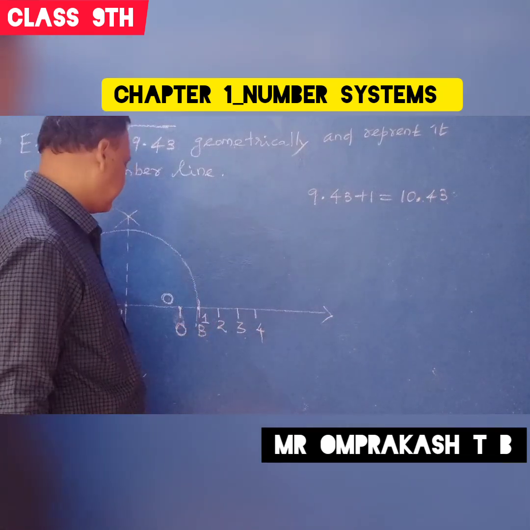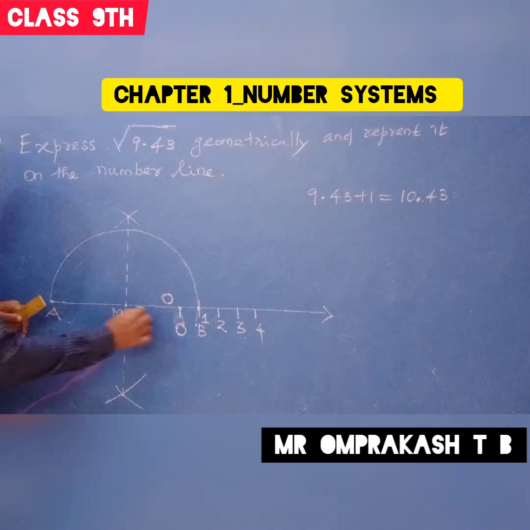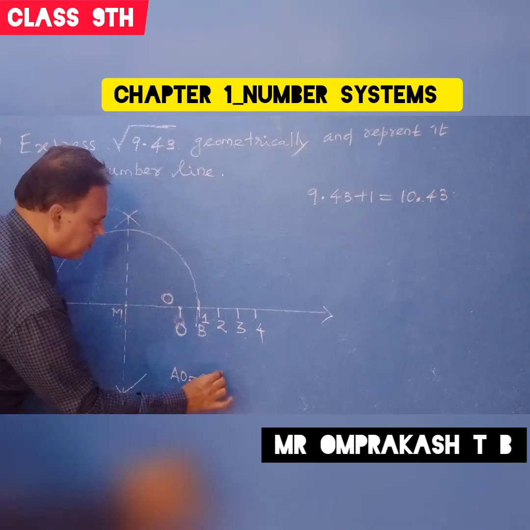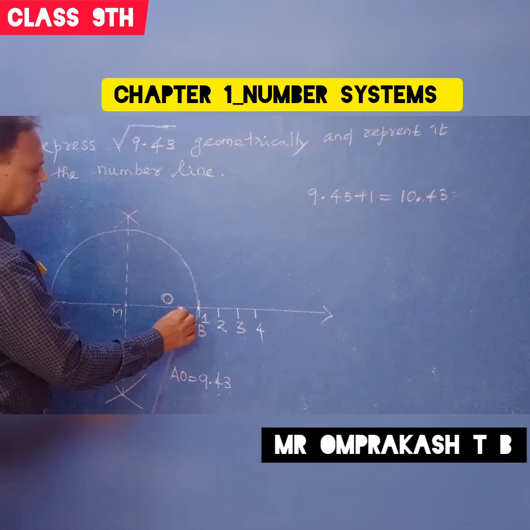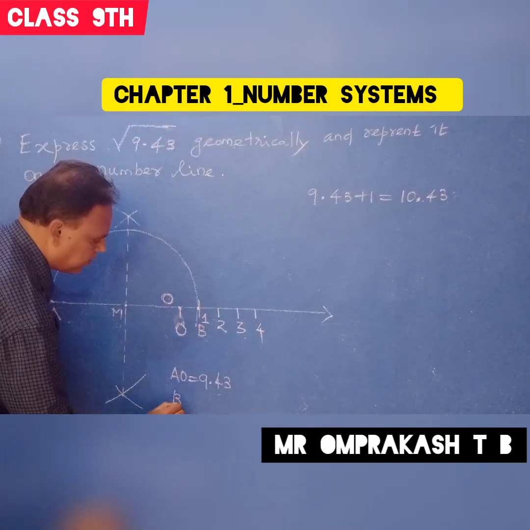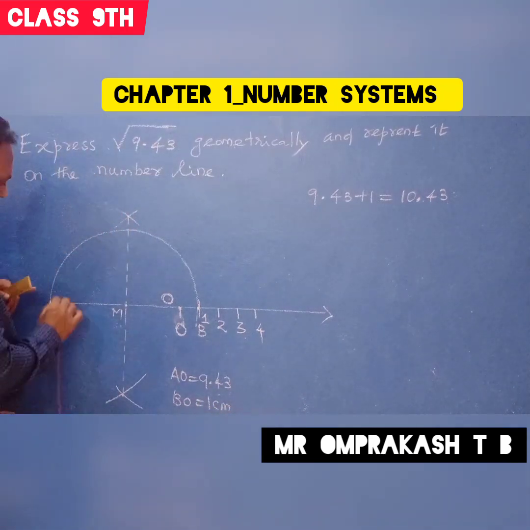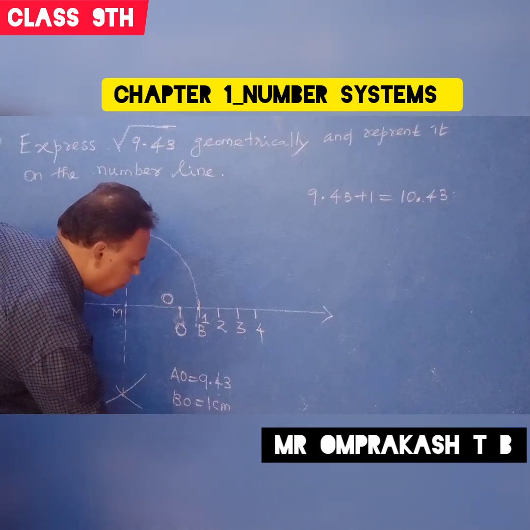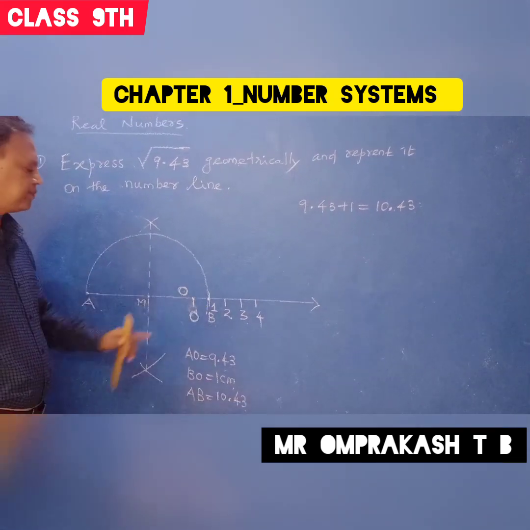Remember, AO is 9.43, then BO is 1 centimeter, and AB is 10.43.